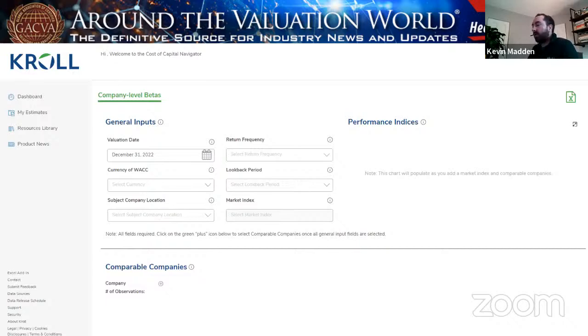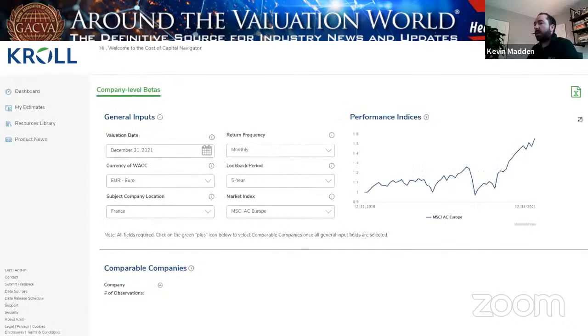We chose monthly, with a look back period of 5 years. And then, dependent on your subject location and the details behind your valuation, we have the option to select a couple of different market indices. So our case study really mirrors what our tool will be able to do.